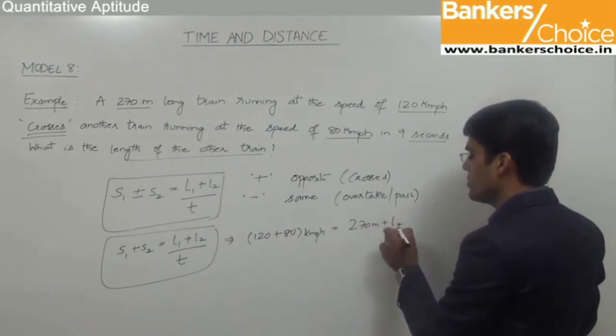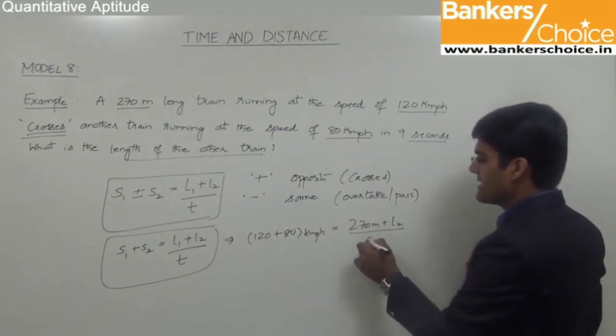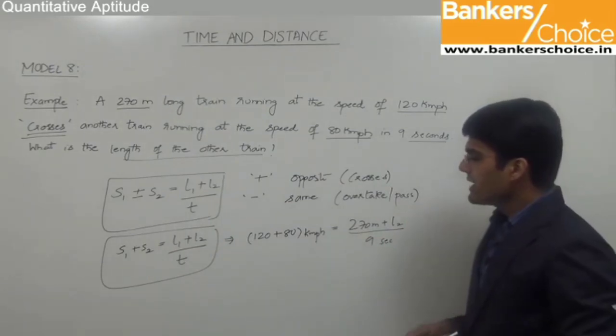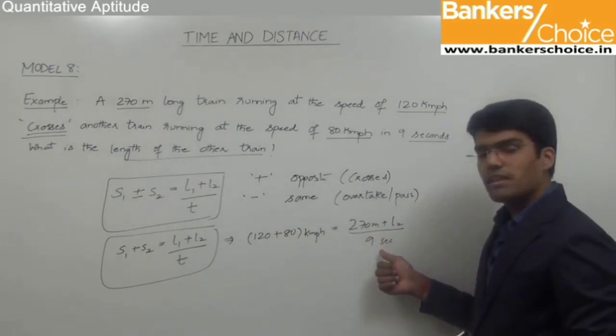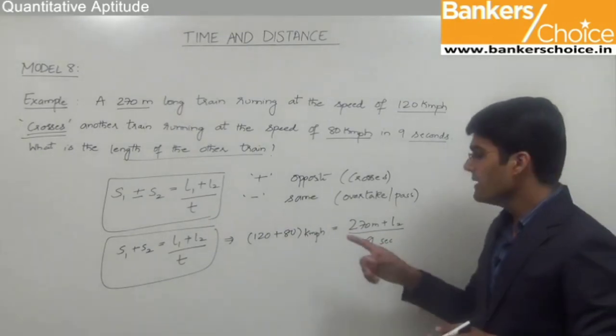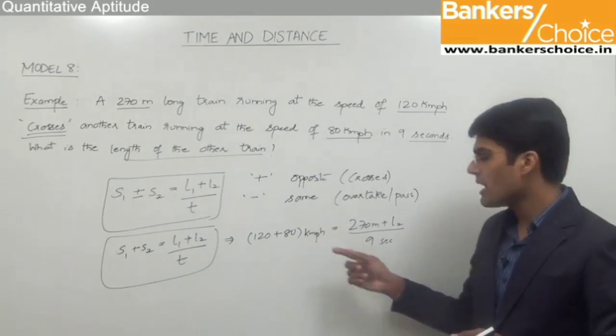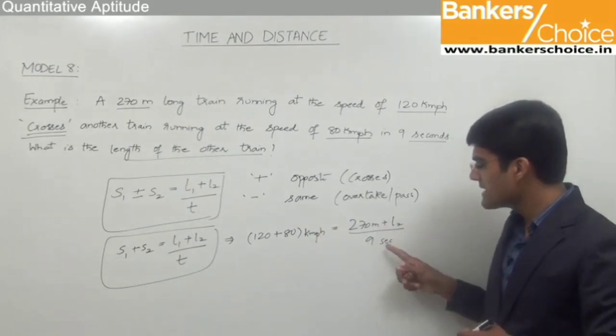So let us take it as L2 itself, and the time taken to cross the second train here is 9 seconds. Now as you can see here, 4 variables have been given and we are supposed to calculate the fifth one. But as mentioned always, we need to balance the units. Here on the left hand side we have kilometers per hour and on the right hand side we have meters and seconds.